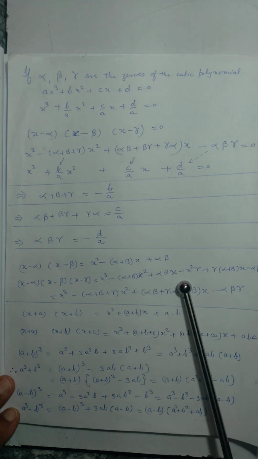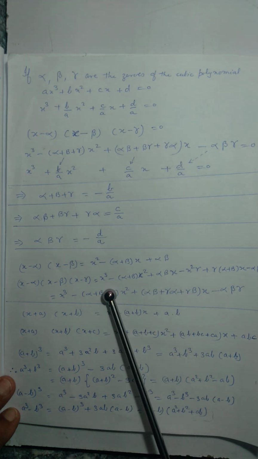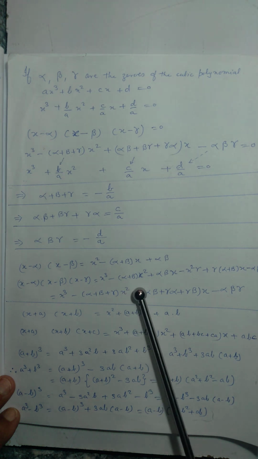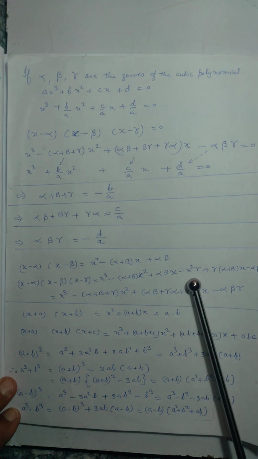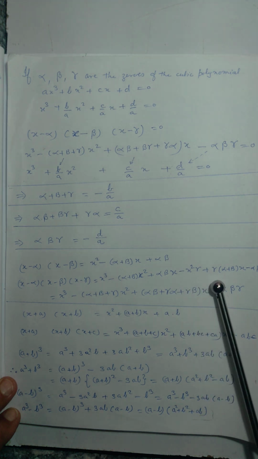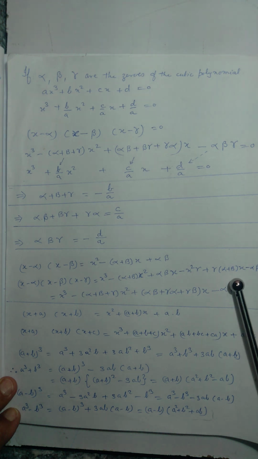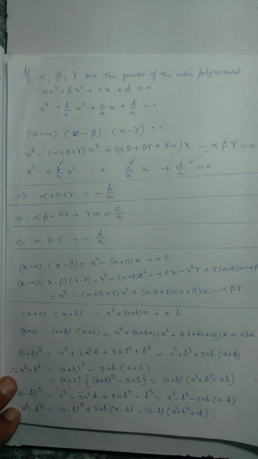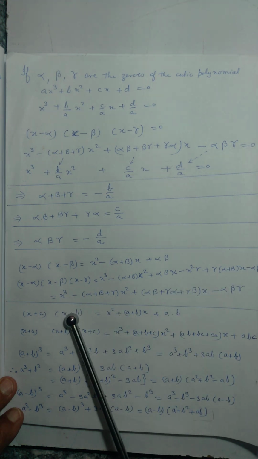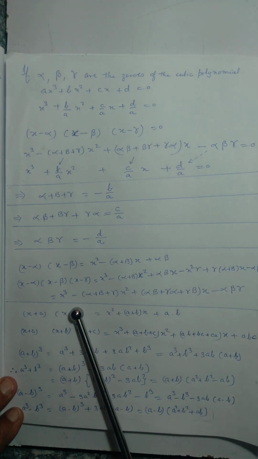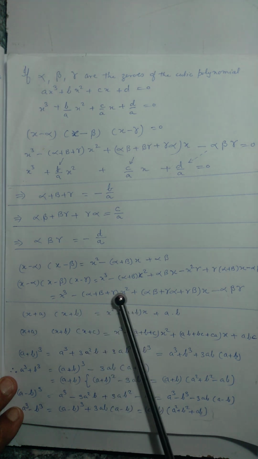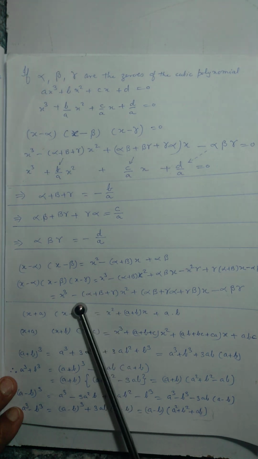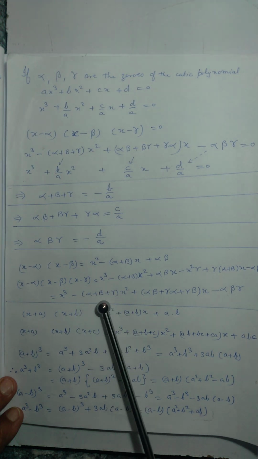While I multiplied it, I got x cube minus (alpha plus beta) x square plus alpha beta x minus x square gamma plus gamma into (alpha plus beta) x minus alpha beta gamma. Now rearrange it, you will get x cube minus (alpha plus beta plus gamma) x square. So here the coefficient is minus the sum of the roots.